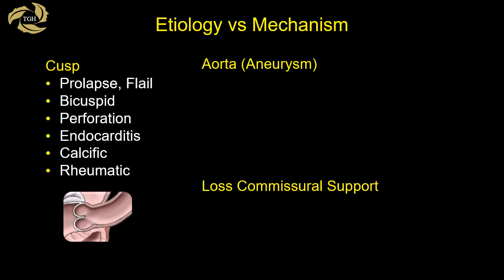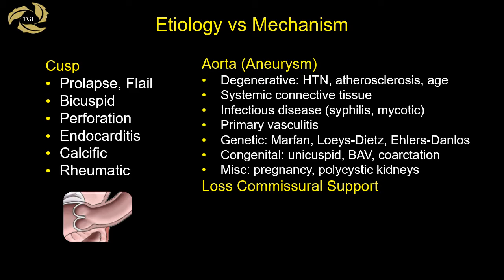Cusp pathology includes those listed, while aortic pathology can be from aortic dilatation or aneurysm formation, and loss of commissural support as the result of trauma or dissection.